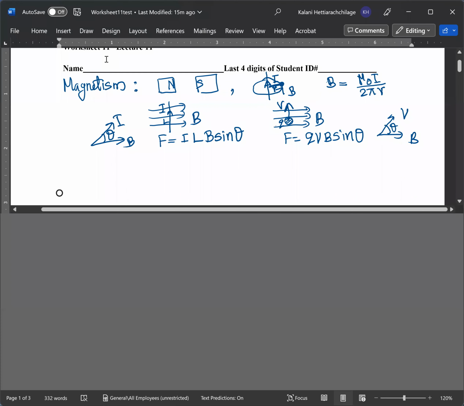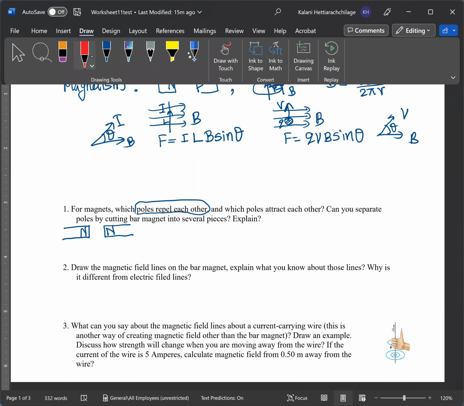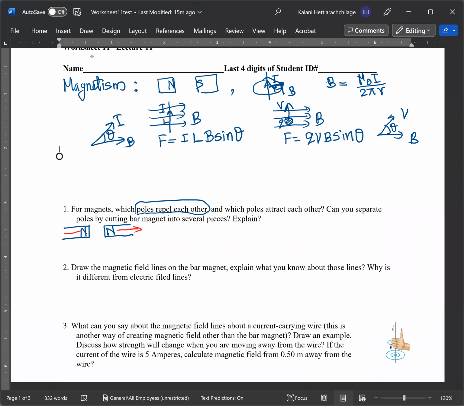Okay, so now let's move into question number 1. For magnets, which poles repel each other? That's the first question, right? If you have a magnet which has north and another magnet which has north, and you bring north and north together, we know that they are the same poles, so they're going to repel each other.